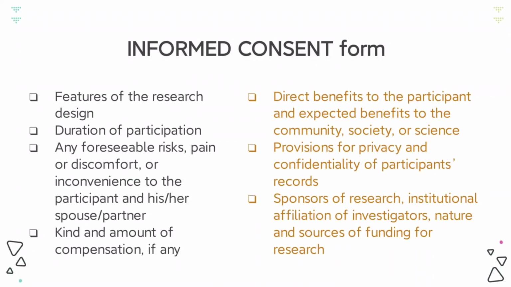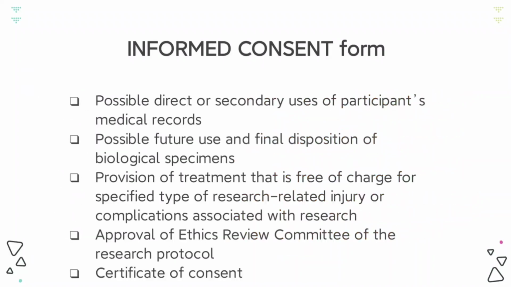All of these must be properly mentioned in the form. If you have any sponsors, it must also appear in the informed consent, because it may influence the decision of the participants. Okay?